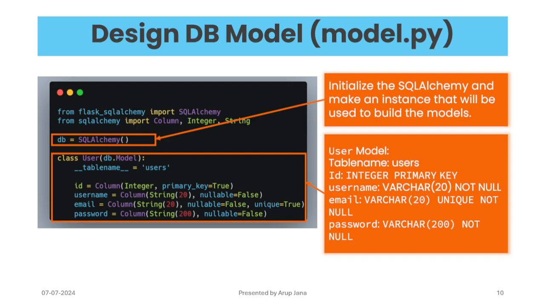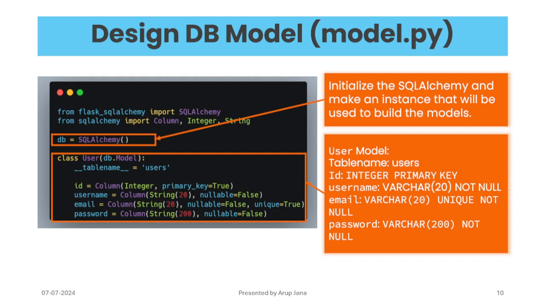And inside the database, the table is defined with 4 columns. The first one is id, which is of type integer, and it is the primary key. Then the username, which is a string. In SQL terms, you can call it varchar, which is 20 length, and it is not null. In Python, you can do that using the argument nullable. You can set it to false, which means it should not be null.